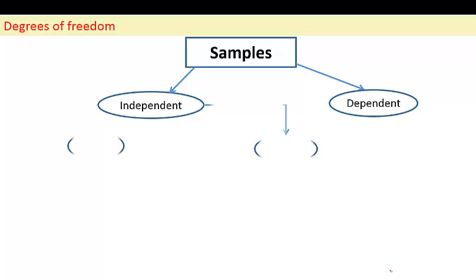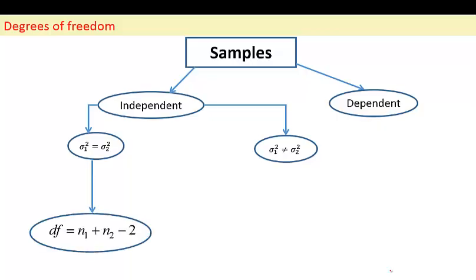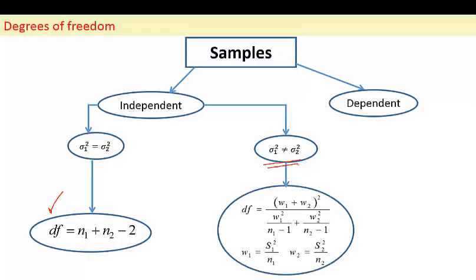If the samples are independent, and the variances are equal, the degrees of freedom is n1 plus n2 minus 2. It is quite straightforward that in the pooled t-test we will use this degrees of freedom, n1 plus n2 minus 2. And if the variances are not equal, then we will use this formula to calculate the degrees of freedom.